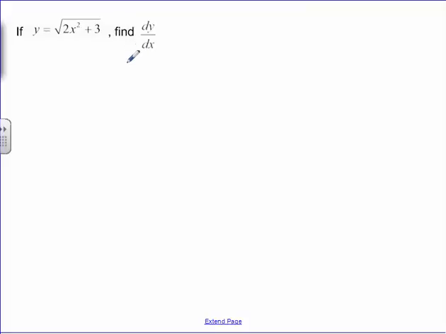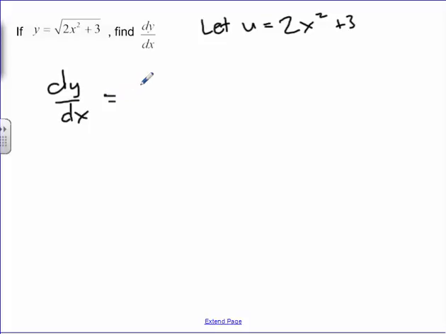Based on that, I like to write it like this. We're going to let u, the baby inside, be equal to 2x squared plus 3. Now, we would like to find dy over dx, but we can't do that in one step. So what we're going to do is find dy over du, and multiply that by du over dx.